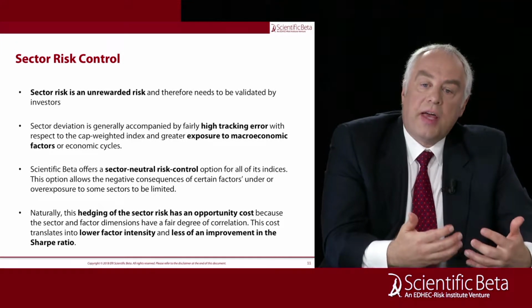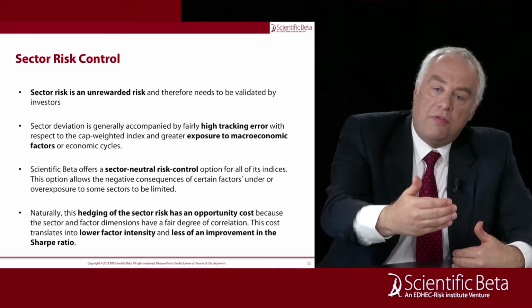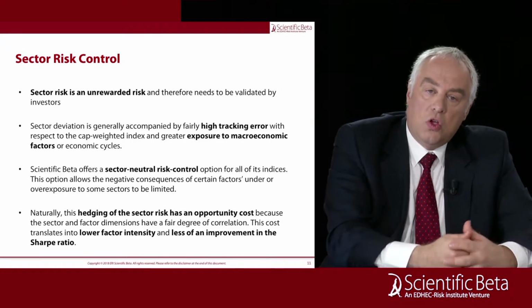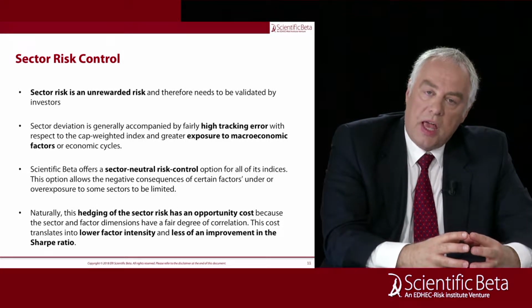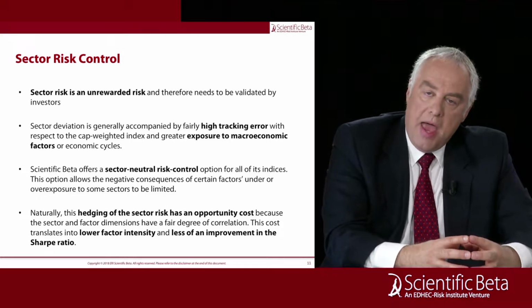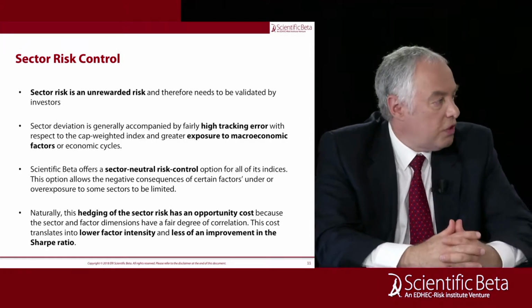And if you get less factor intensity, it will also reduce the benefit in terms of the long-term Sharpe ratio. So we can see that sector risk does have an influence, particularly in terms of the short term. You can make an adjustment, but that may have an impact in terms of the long-term risk-adjusted returns.